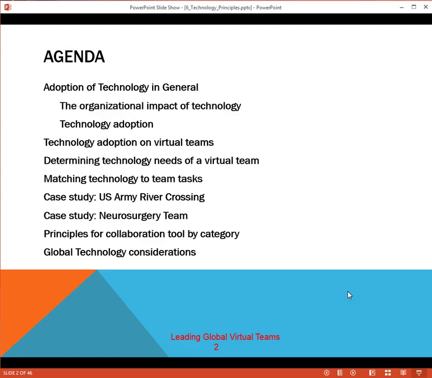We'll look at determining the technology needs of a virtual team, matching technology to team tasks. Then we'll take a look at 2 different case studies. One, the U.S. Army river crossing, and the next, the neurosurgery team. We'll then discuss the principles for collaboration tools by category, and we'll finish up with looking at the global technology considerations.